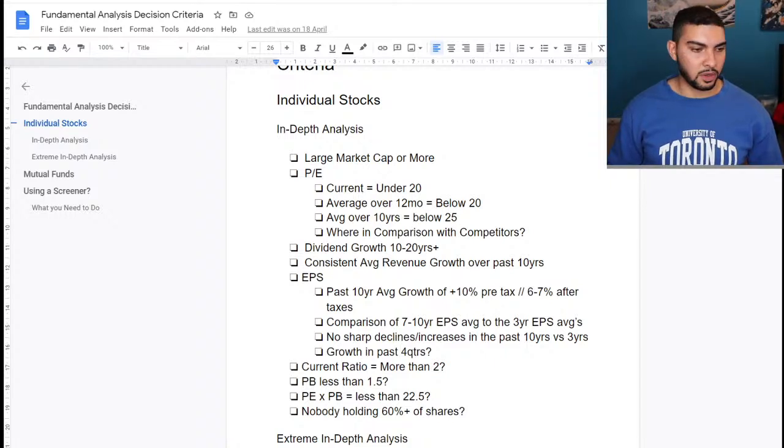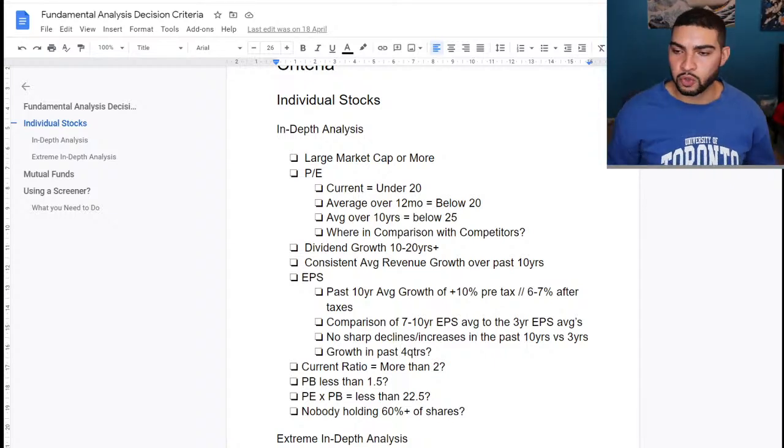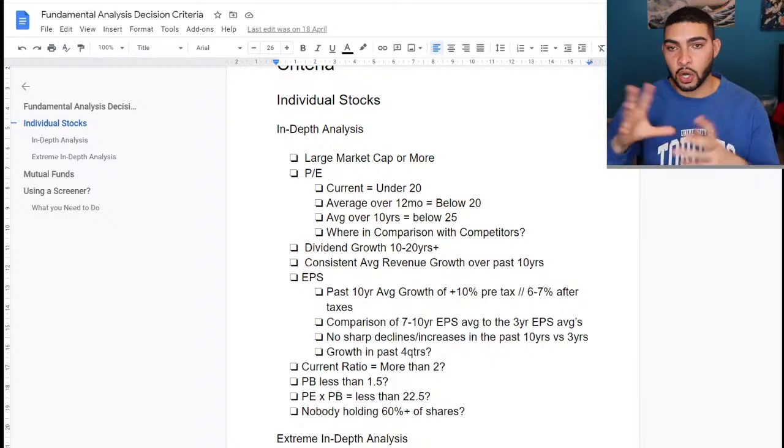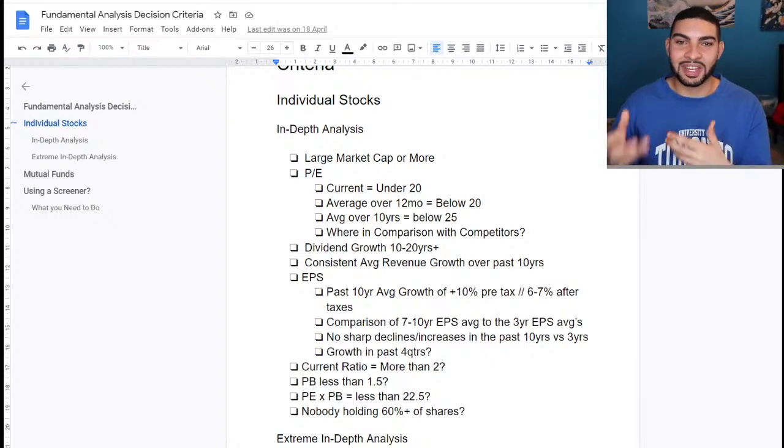Okay, there we go. So as you guys can see over here with my fundamental analysis decision criteria, the first thing that you can actually see over here is having a large market cap. What is market cap? Market cap is another fancy way of saying market capitalization, which is just basically, to put it in simple terms, because I don't want to go too deep into it, it's essentially how much value the stocks have.